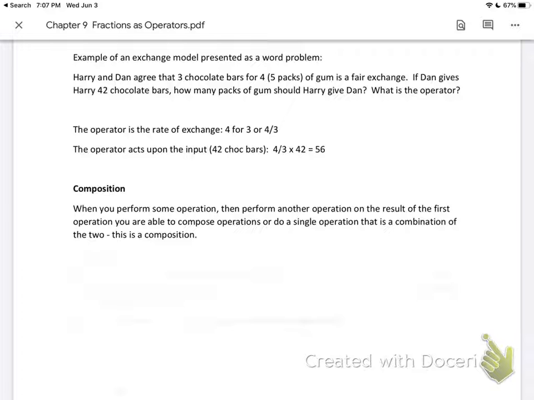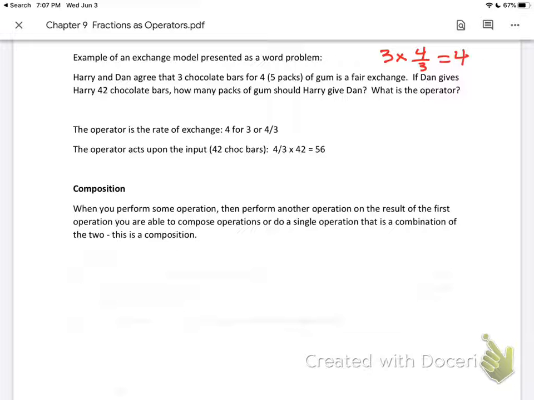So let's first find out what the operator is. So initially, we were looking at 3 chocolate bars for 4. So if I take 3, what do I multiply it by to get 4? When you multiply it by 4/3, you will get 4 back.